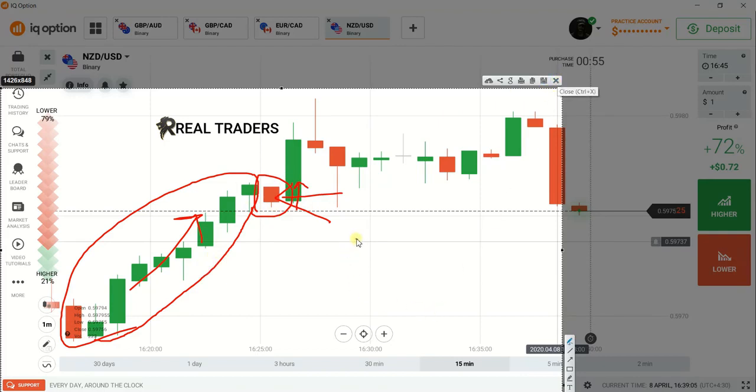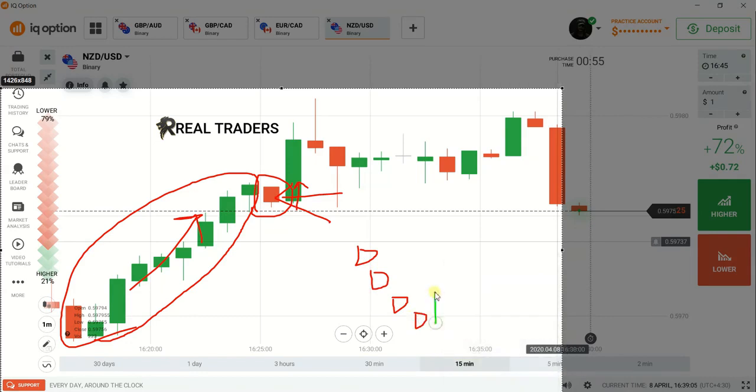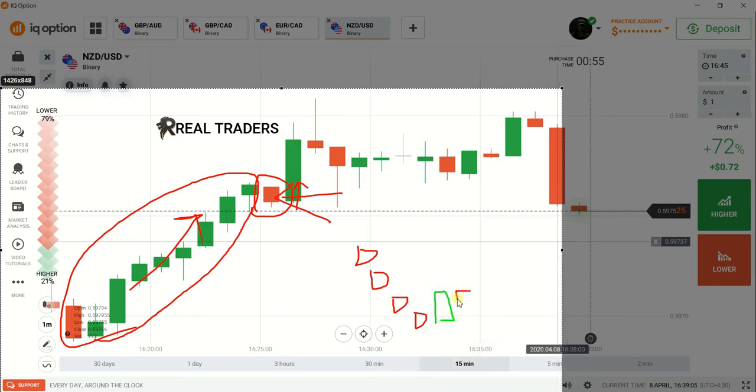And also if you see a bearish momentum and you see a bullish engulfing, you can expect another bearish candle here. So when you see a bearish momentum, the engulfing mostly will not work.